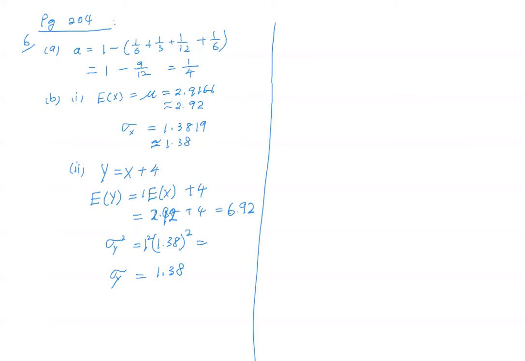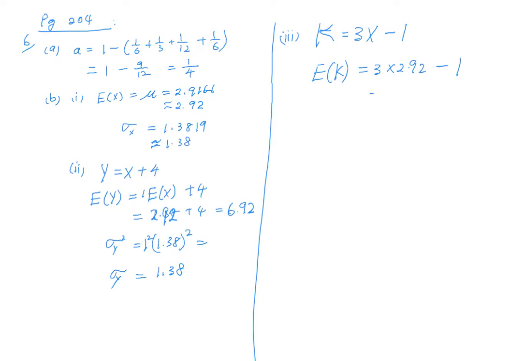I define my Y. So I have another one, I transform to another variable, I call it K. My K is 3 times of X minus 1. So the mean for K will be equal to 3 times 2.92, take away 1.